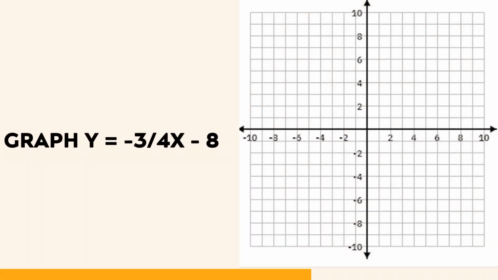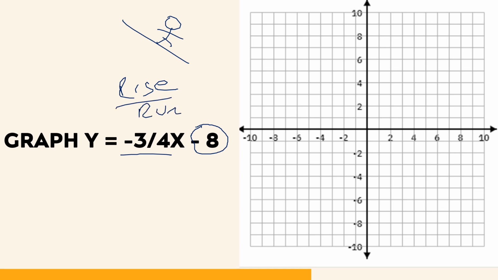So here's one for you to try on your own. Graph this one. So you start at -8. Then you're going to notice your slope is negative. So when you draw your line, the person's got to be walking downhill, and your rise over your run is -3 over 4. So imagine you probably already put a dot here. And what was our slope?